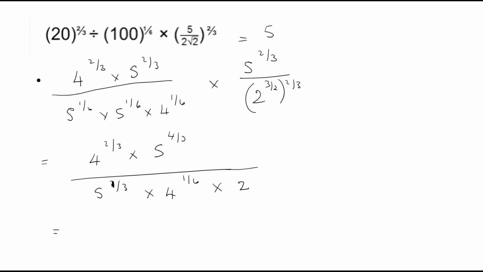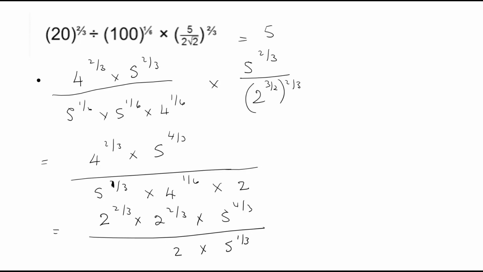So 4 to the 2/3 is 2 to the 2/3 times 2 to the 2/3 times 5 to the 4/3 over, I'll just shift my 5 to the 3rd along a bit, times 2 times, now the 4 to the 6th I can split as 2 to the 6th times 2 to the 6th.